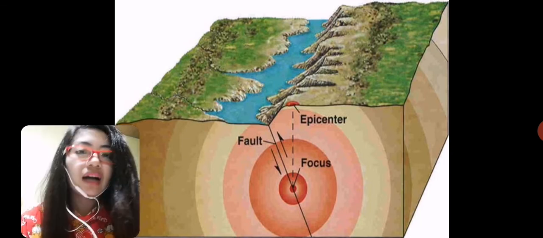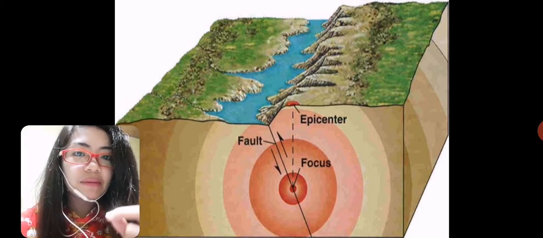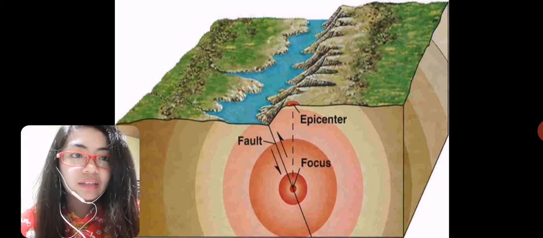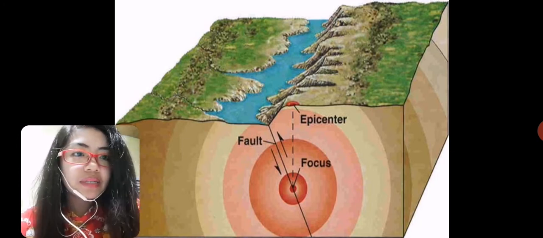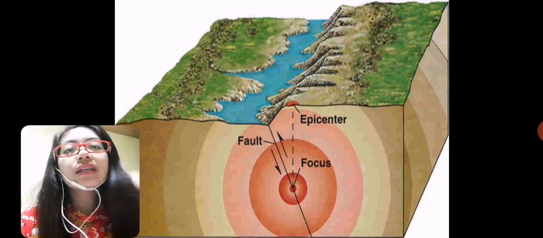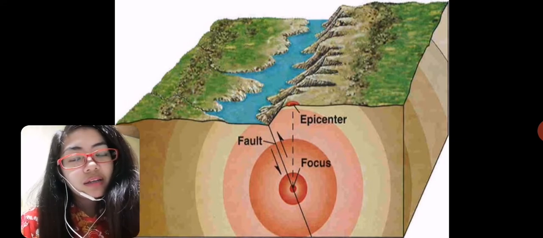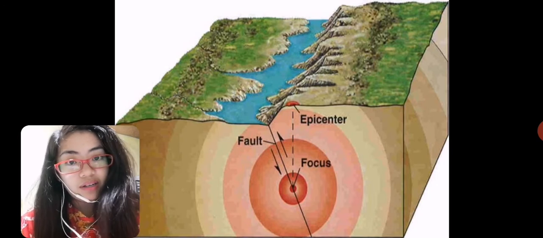Kapag nagkakaroon tayo ng earthquake, dinedetect nila kung nasaan yung epicenter ng earthquake. A line parallel with the epicenter is the focus. Ibig sabihin, doon nagmula or doon nagkaroon ng movement. Nagkaroon ng movement yung fault, so that's why nagkaroon tayo ng earthquake.